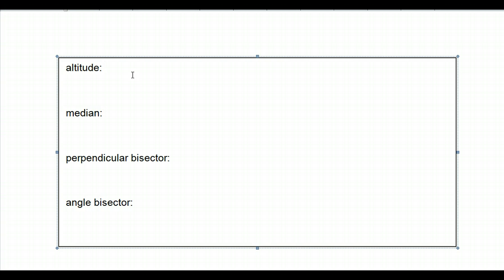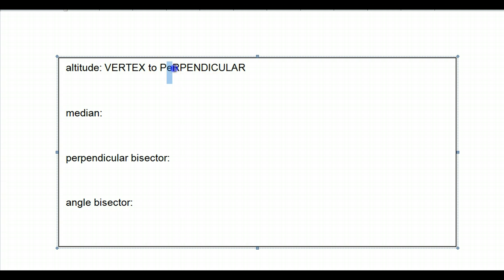An altitude is a segment that's starting from a vertex, and then it ends perpendicular to a side. Whoa, what happened there?